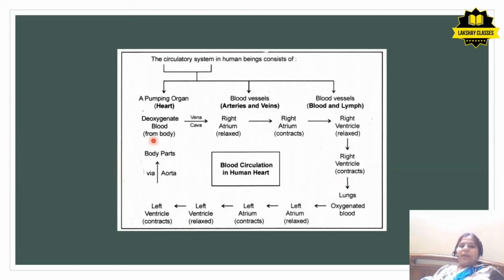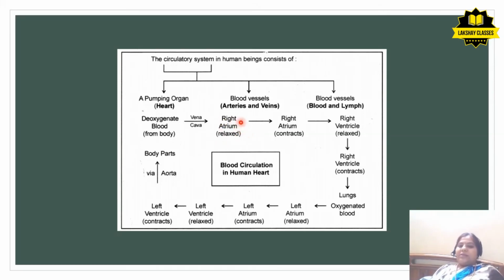Basically, the deoxygenated blood is collected from all over the body through the veins. It is poured into the vena cava, and the vena cava brings that deoxygenated blood to the right atrium, which is relaxed.